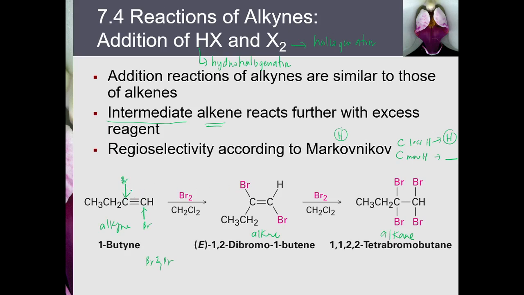And so bromination natin, i-subject natin itong alkyne natin with bromination. So what will be the product? The product will somehow look like a trans. So bakit siya trans? Kasi yung bromine natin is opposite each other.